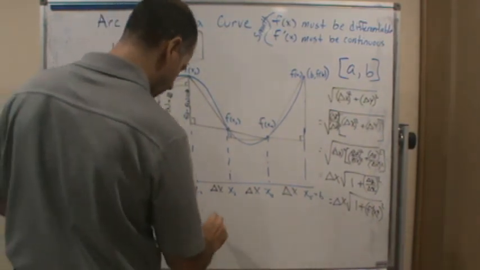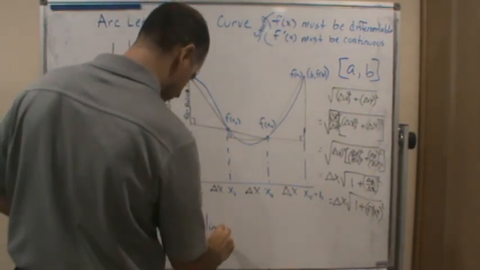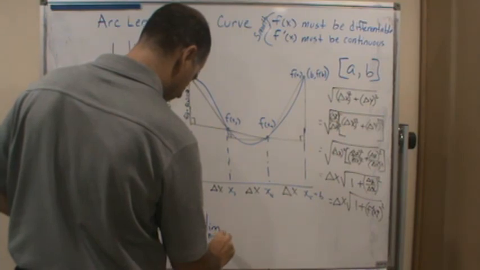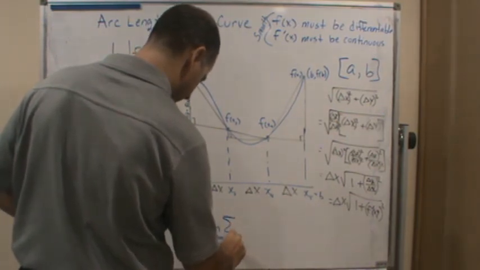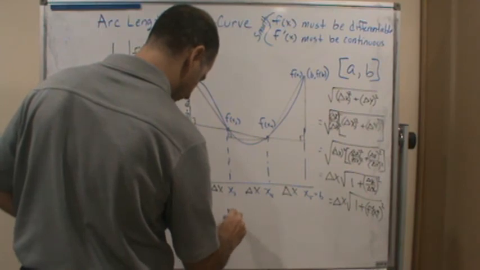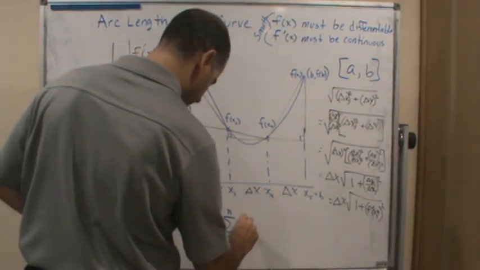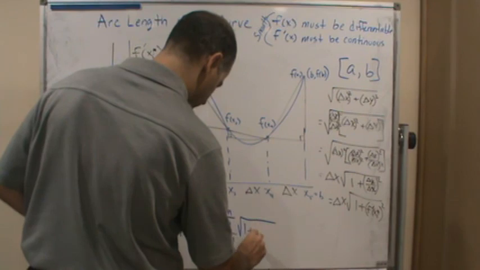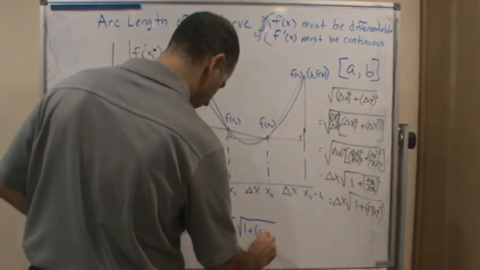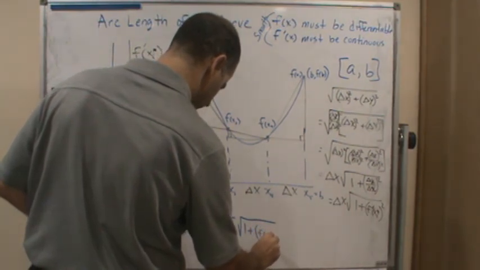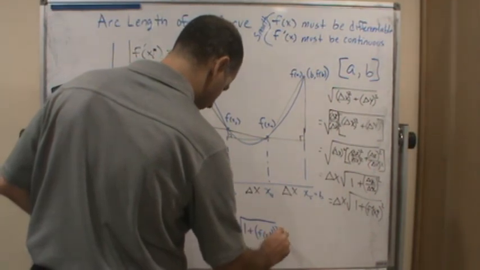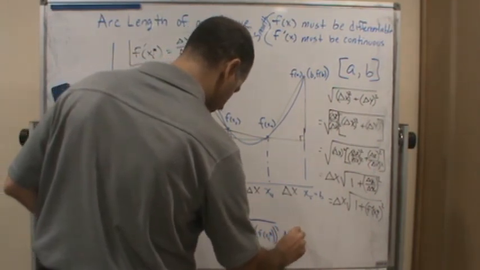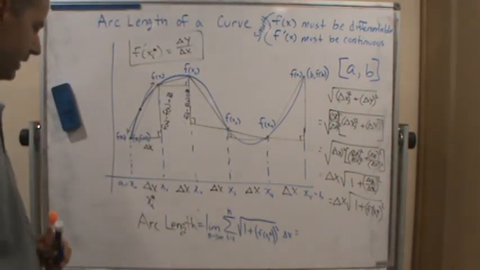So arc length equals the limit as n approaches infinity of the summation from i equals 1 to n of the square root of 1 plus f prime of x sub i star squared delta x. And now, what does this equal?